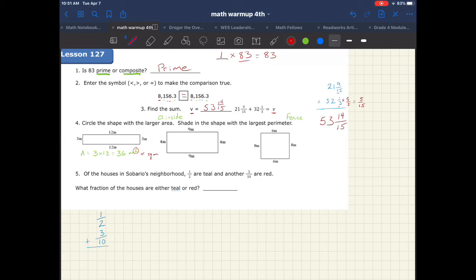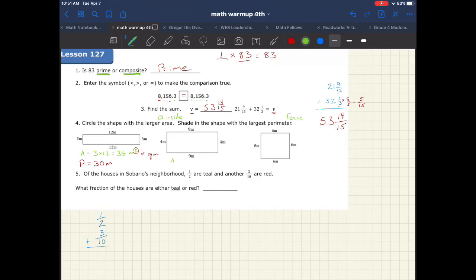Okay, the perimeter for this one, we'd have to add up all the sides. 3 plus 12 plus 3 plus 12 is what? 30? I think it's 30. And this one, our label is just an M for meters.